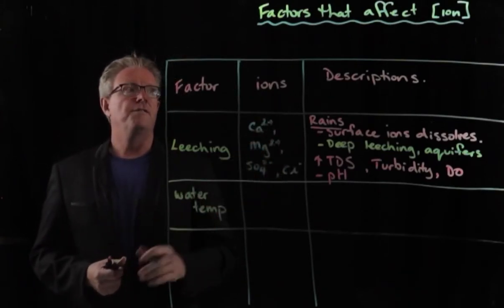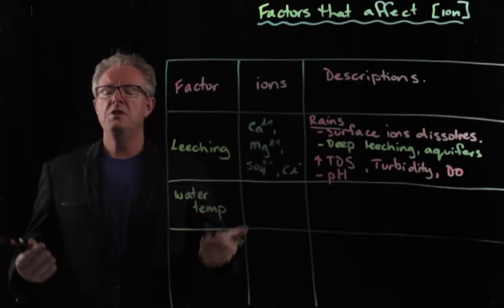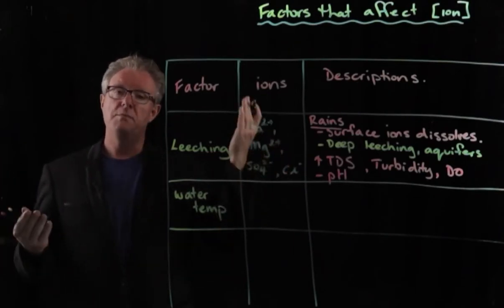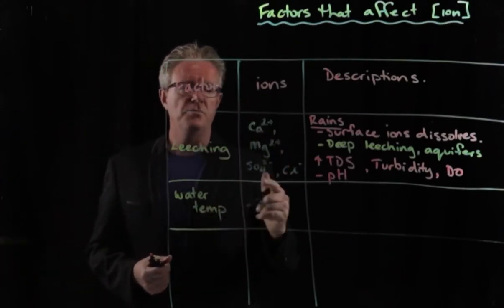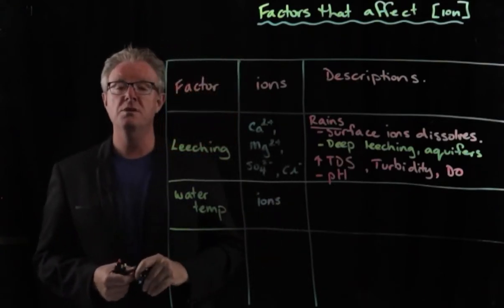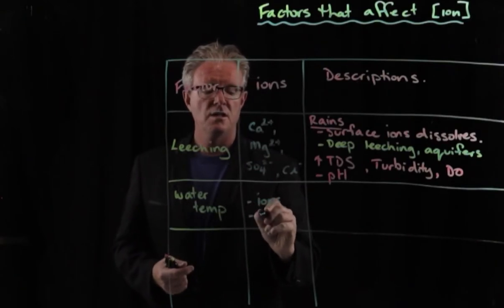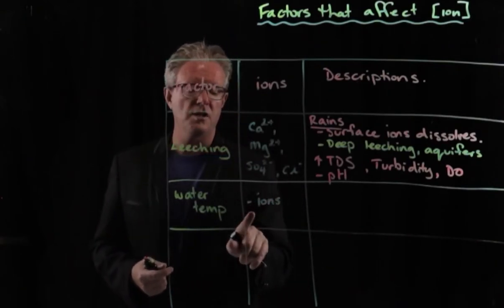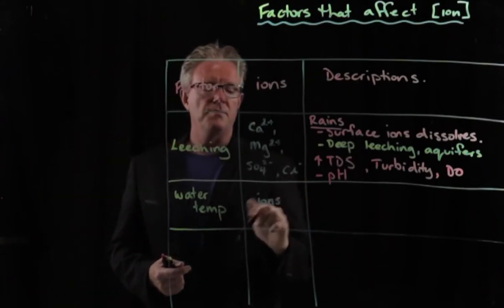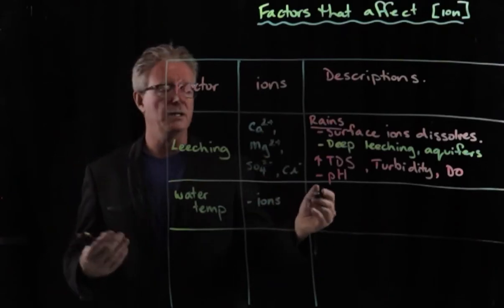Another factor that can affect the concentration of ions is the temperature of the water. Now, we normally think of temperature of the water in terms of just the normal temperature from the sun. So if we do increase the temperature of the water, then we increase the solubility of the ions. We also can affect, well, not ions really, I'm thinking of dissolved oxygen there, but you can also get water temperature being affected by industrial waste.